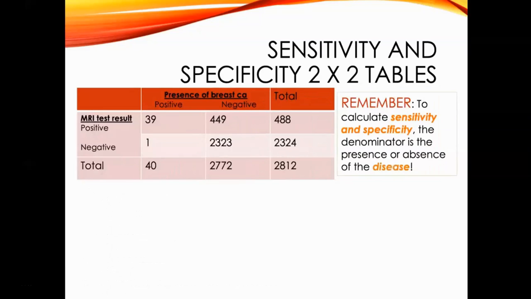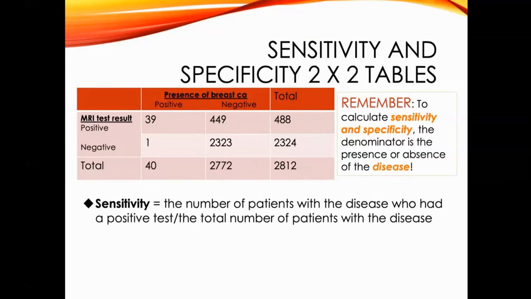We're going to use this 2x2 table to calculate sensitivity and specificity. So let's start with sensitivity. That's the number of patients with the disease who had a positive test divided by the total number of patients with the disease. So in this example, it's the number of patients with breast cancer who had a positive MRI divided by the total number of patients with breast cancer.